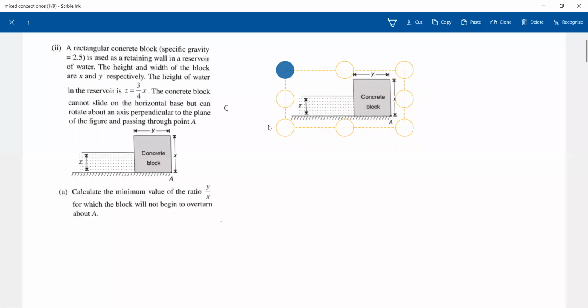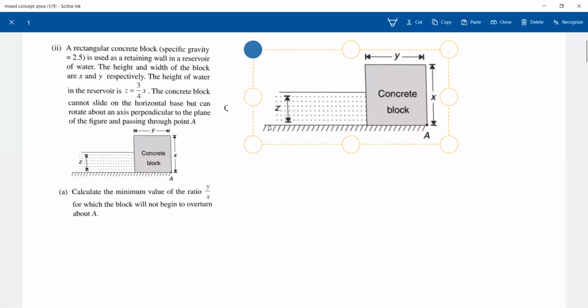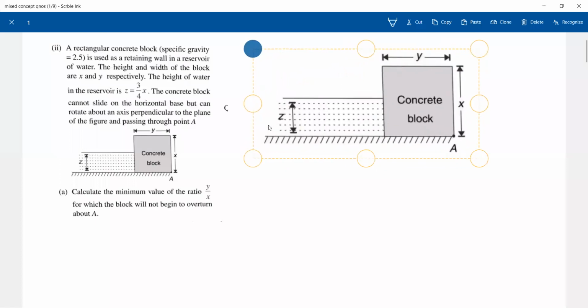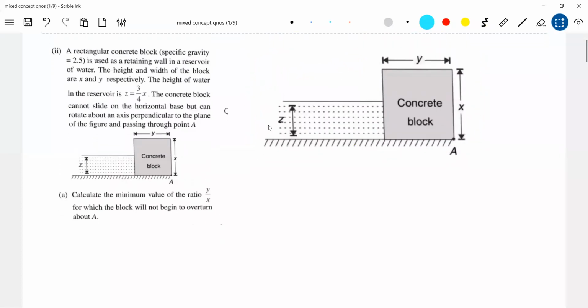Okay, there's our diagram. So what is the liquid? Liquid will exert force on it, and because of that, it will try to swing.